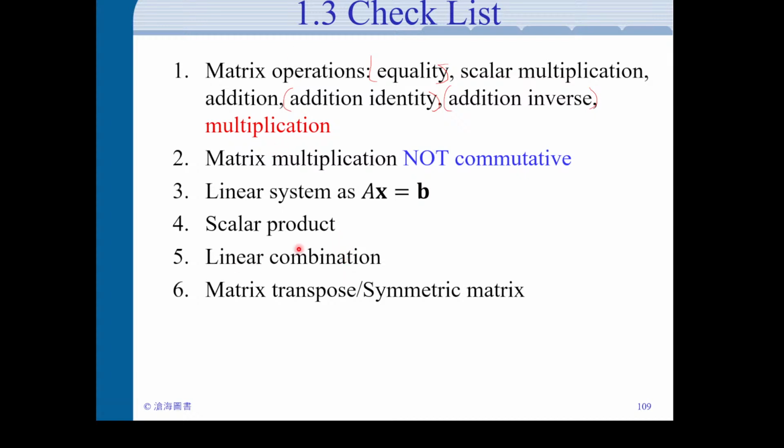Then there is the scalar product of a matrix, which is a row vector times a column vector, and there are linear combinations of vectors, and there are the transpose and symmetric matrices. Okay. I guess we should have one more note here: we need to remember matrix notations.